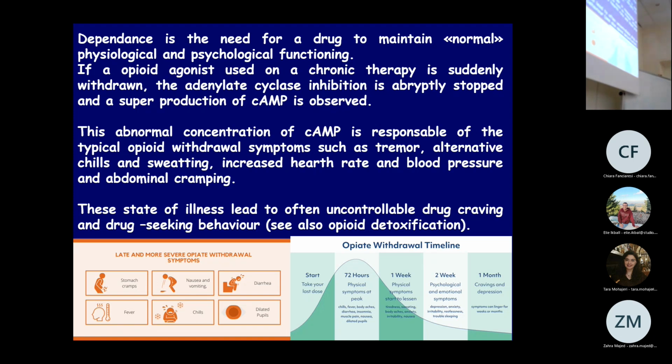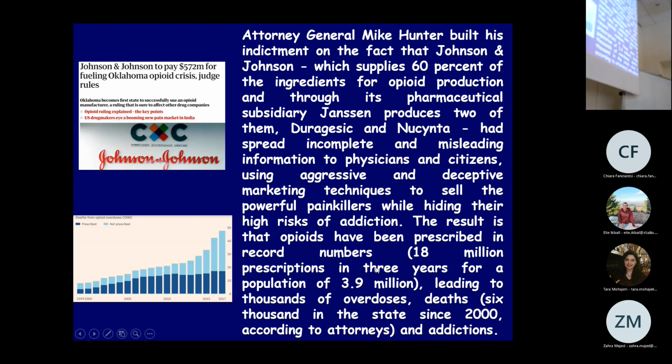It's not easy to stop, to finish the assumption of this type of drug. And then, the last slide for today: Johnson & Johnson to pay many millions of dollars for fueling Oklahoma opioid crisis.